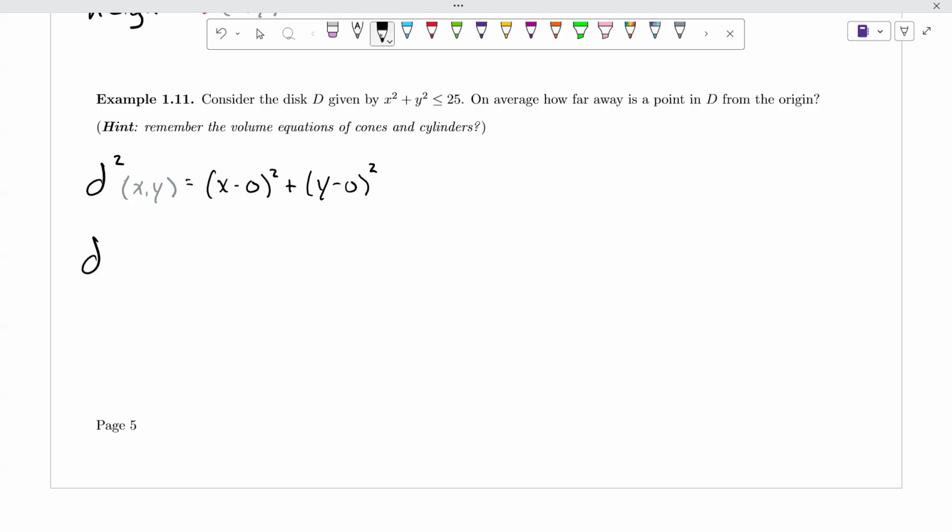So D as a function of x and y, don't want to forget that part, is just the square root of x squared plus y squared. And if we recall the stuff that we learned back in 12.6, which is our quadratic surfaces, we'd recognize this equation as that of a cone. So D is a cone.